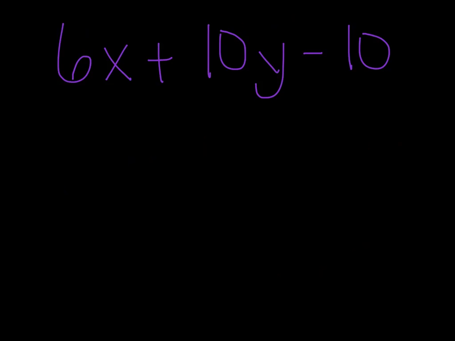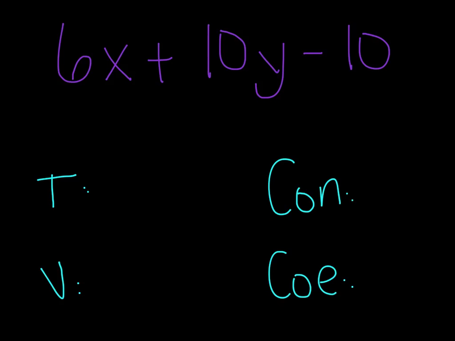Okay, what if I have something like this? I have 6x plus 10y minus 10. I need to identify my terms, the variables, the constants, and the coefficients here. Okay, terms. I have two operation signs, and it's actually setting three things apart.